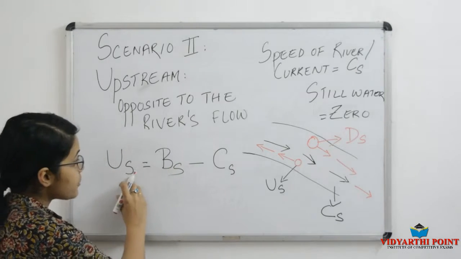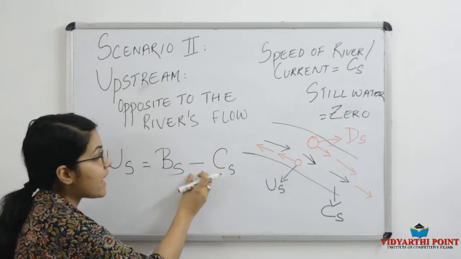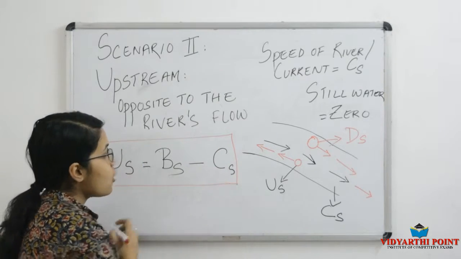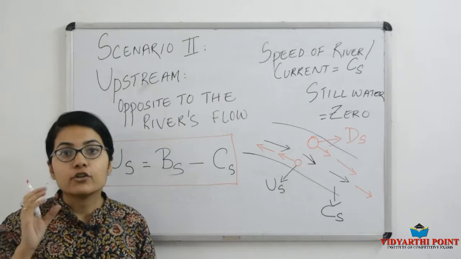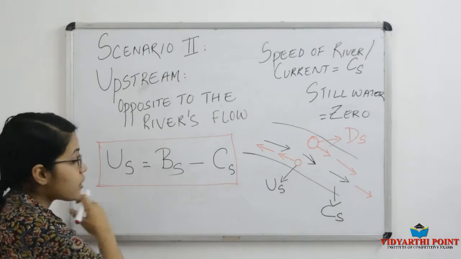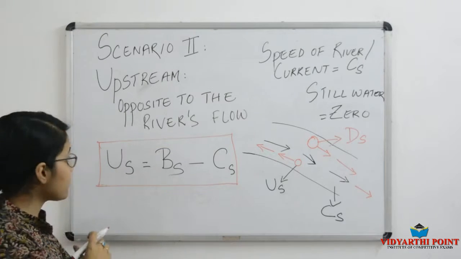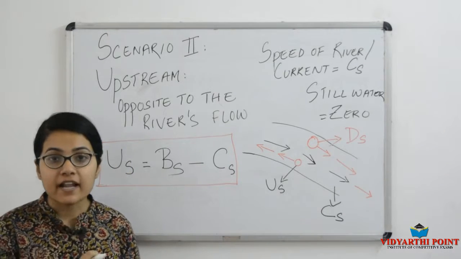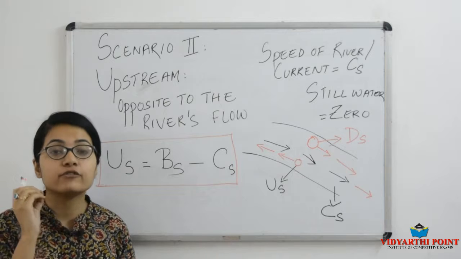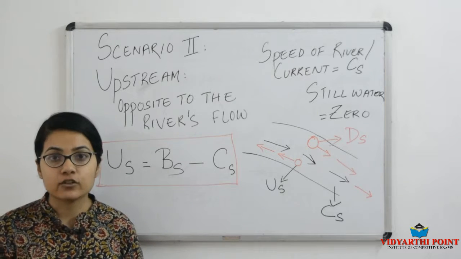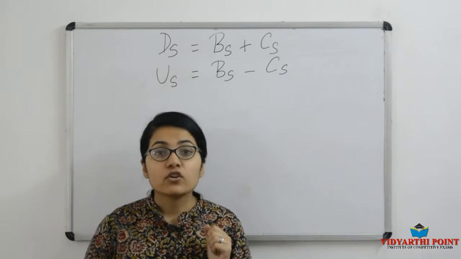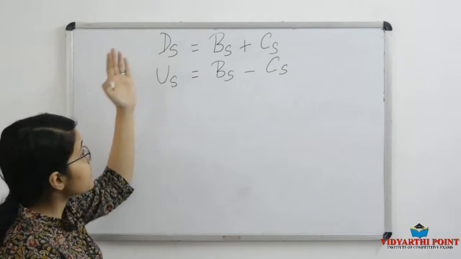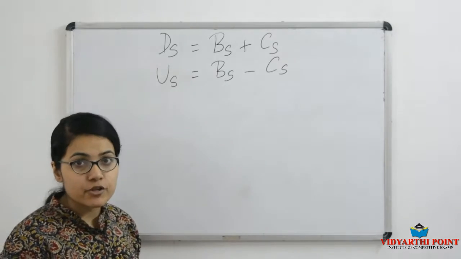That's why upstream speed equals to speed of boat minus the speed of the current. So whenever in the question you find the upstream speed, you have to subtract the speed of the current, whereas in downstream you have to add the speed of the current to the boat. So now we know the formula of speed of boat downstream and speed of boat upstream.